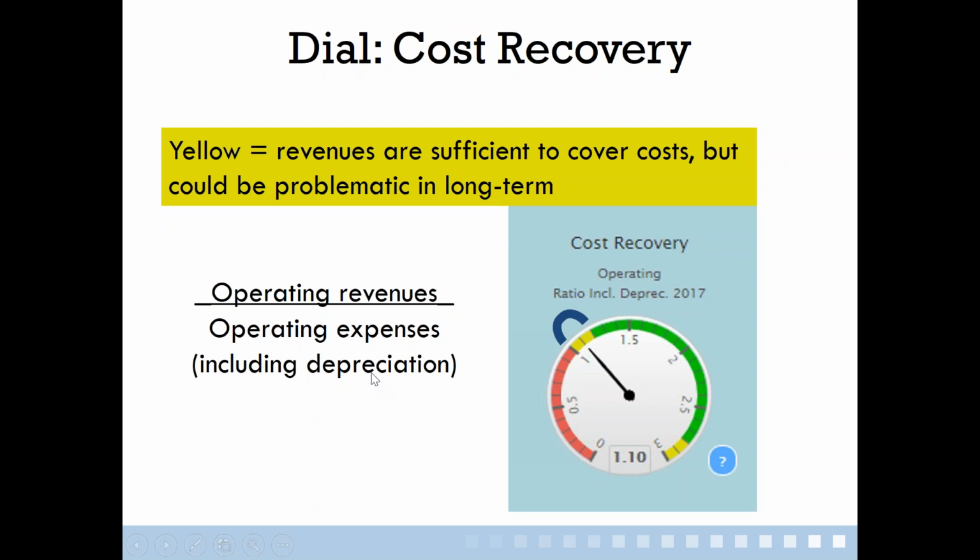And I just want to mention that we have including depreciation for two reasons. One is that the data automatically includes depreciation, so we can't separate that out. But the other is that we always include depreciation when we can, because that is a significant factor in the long-term financial sustainability of a utility. If you are maybe just over making ends meet and you're not able to factor in that your equipment is going to wear out, it is going to fail eventually, you're just kind of sticking your head in the sand and pretending that you're not going to come up with enormous expenses.